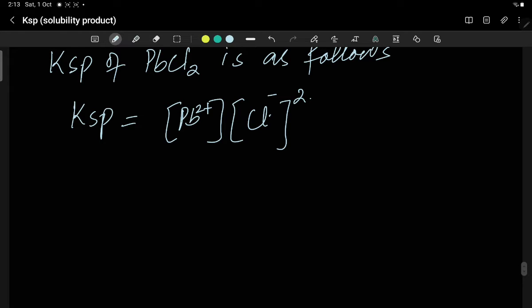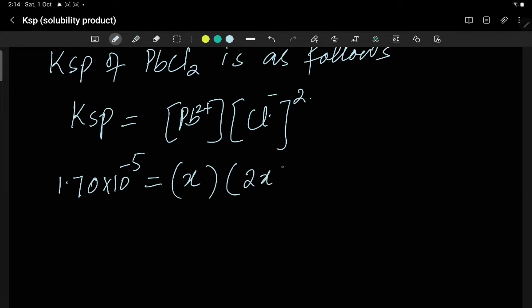Now the solubility product is 1.70 × 10^-5, where the value of Pb is x and the value of chloride ion is 2x here. So 1.70 × 10^-5 equals 4x cube.